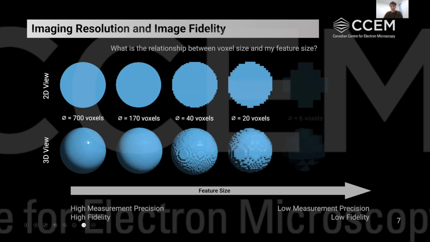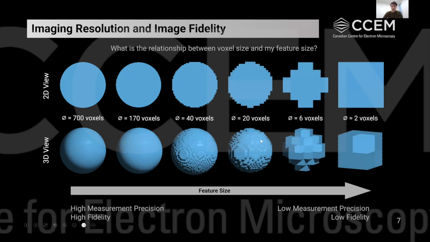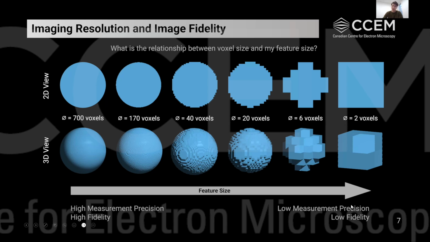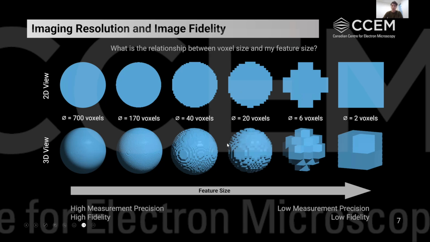However, as our features get smaller, fewer and fewer in voxel number, we deviate further and further from the actual shape, meaning that we have lower fidelity of our imaging and lower resolving power in the 3D volume. If we're imaging features that are 200 nanometers in diameter, let's say, and we're comfortable working with a voxel size of 10 nanometers, we can expect the sphere to look something like this.